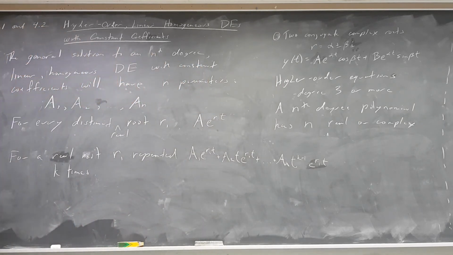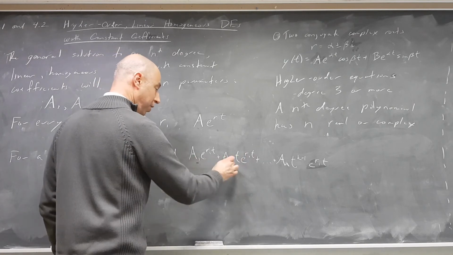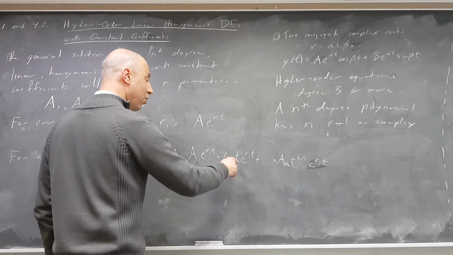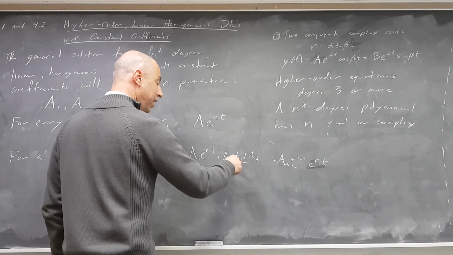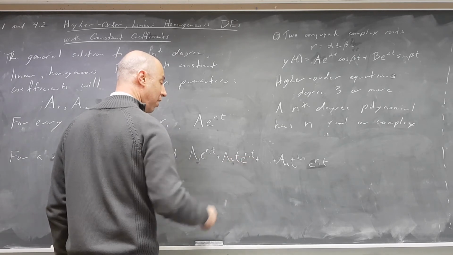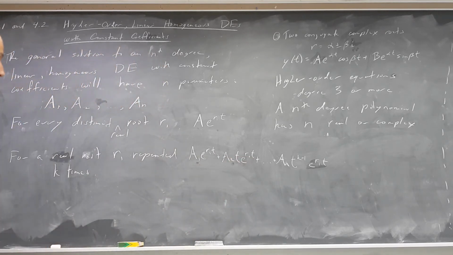So if I have a repeated root, if it's repeated twice, I'll just have the first two terms here. If it's repeated 3 times, I'll go up to A3 t squared e to the r1t, and so on.